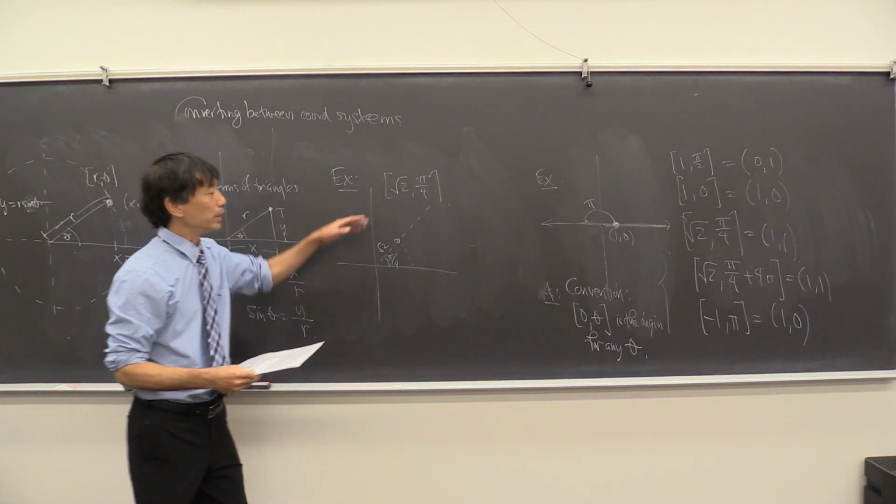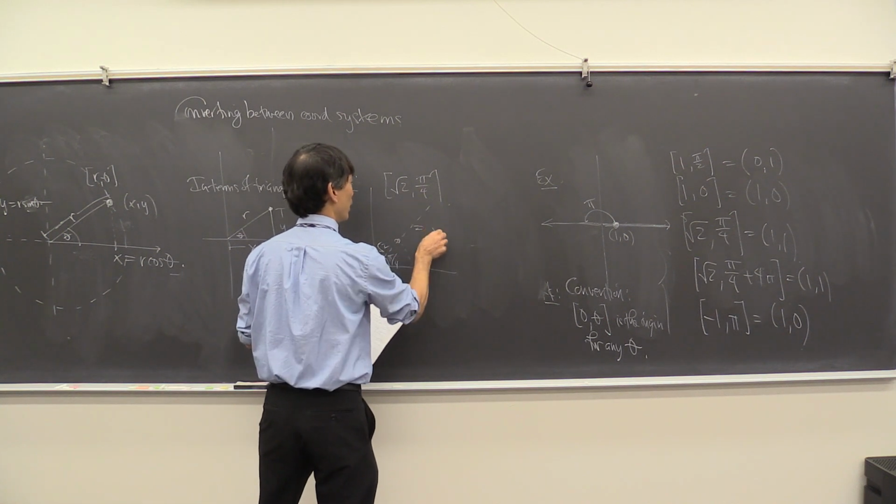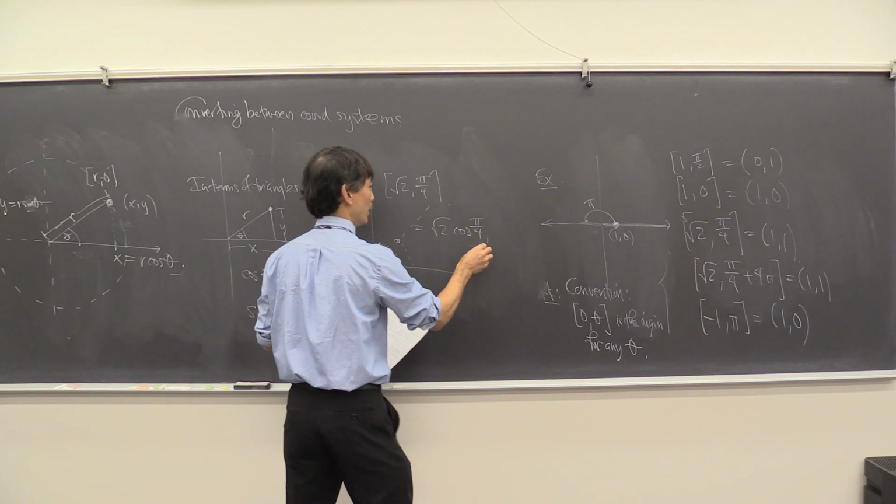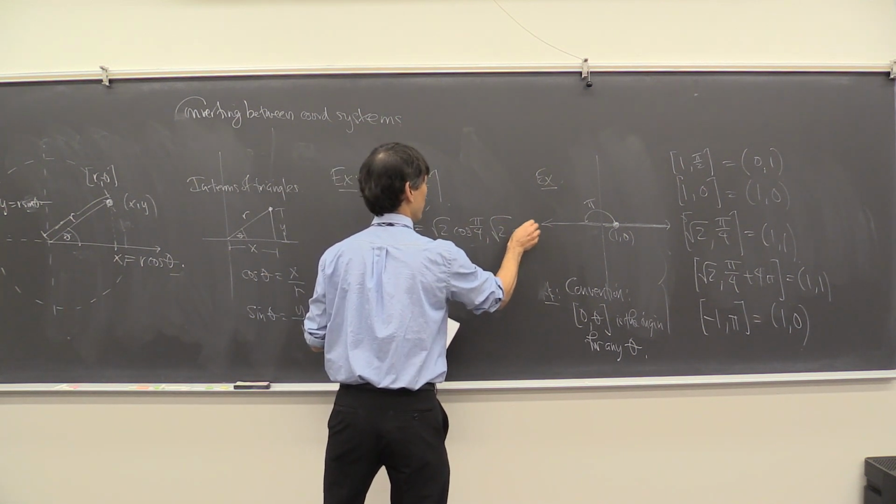If we want to change that, that's going to be r cosine pi over 4, comma, r sine pi over 4.